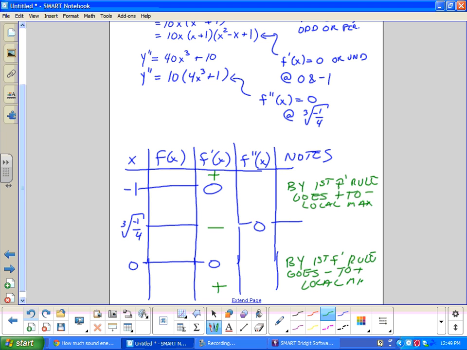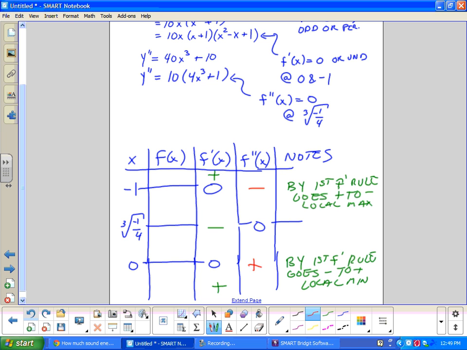Now, the second derivative rule states if it is 0 at the first derivative, and at the max, it's going to be negative. So we can double check ourselves here, because that would be the second derivative rule, and make sure that at -1, the second derivative is negative. If you plug in -1 up here, you'll see that it is negative right here. I'm checking that function. Likewise, this has to be positive.